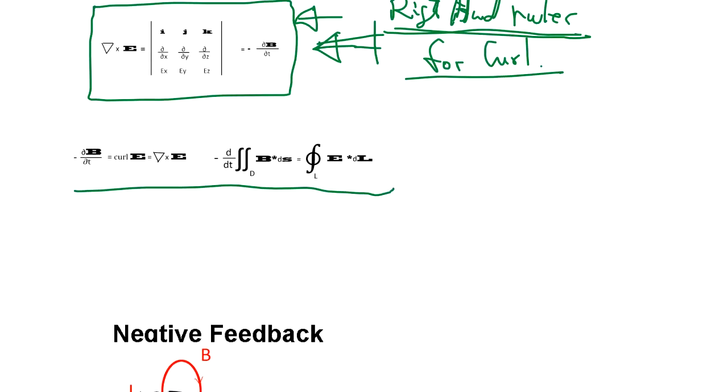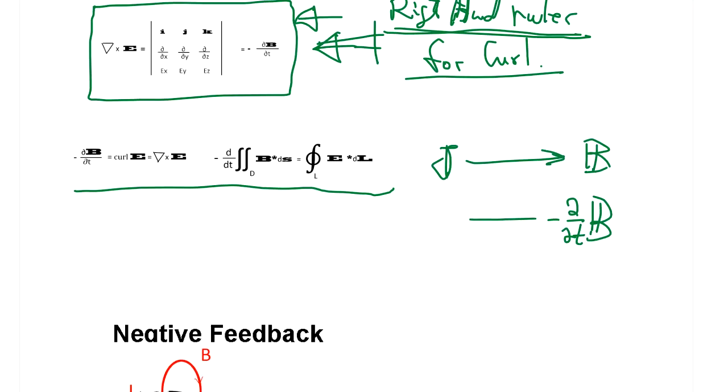So this is Maxwell. What we are saying is that J produces B, and the change of B produces E, and this happens when J is changing.